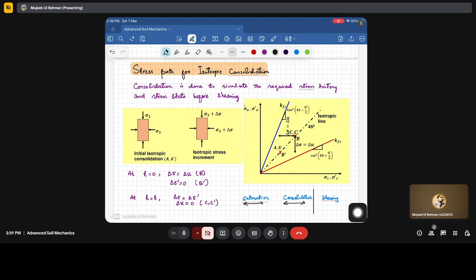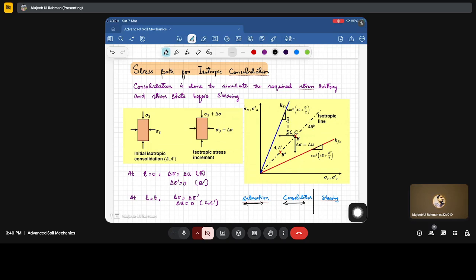Whatever consolidation the soil has achieved in the field, we assume the same consolidation levels, the same amount of pore water dissipated from the soil, and at this confining stress we replicate how much consolidation should happen in the soil. After that, when we shear the sample, we can consider it similar to a field sample. We can't say it is the exact sample, but the results will be similar, despite the fact that the strength will be higher.